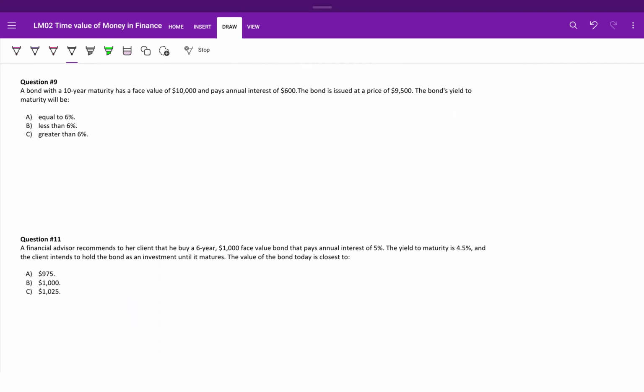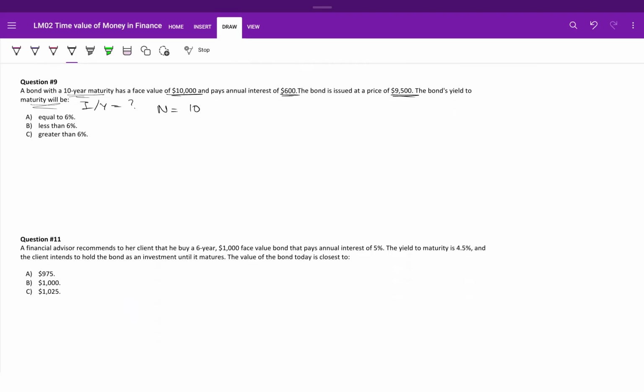Question number 9 is a bond with 10-year maturity has a face value of 10,000 and pays an annual interest of 600. The bond is issued at 9,500. Bond yield to maturity, I/Y we actually have to calculate. A bond with a 10-year maturity, N is 10.